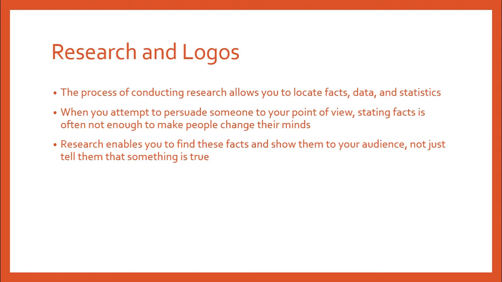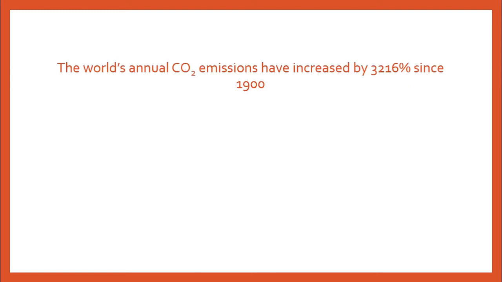So again, I'll show you an example of this. I can make the claim, for example, to address the belief that climate change is not a real thing, or something like that. I can simply tell a group of people that don't believe in climate change that the world's annual CO2 emissions have increased by 3,216% since 1900.